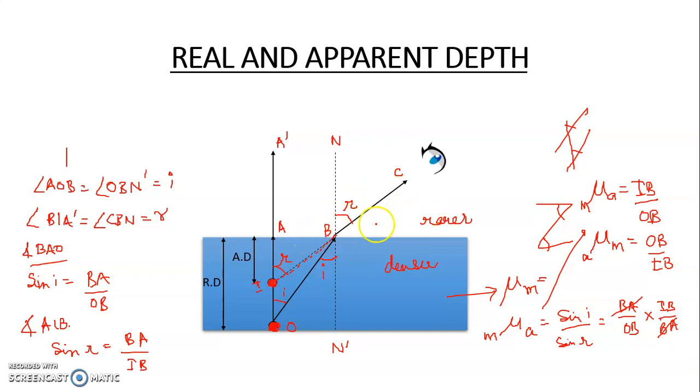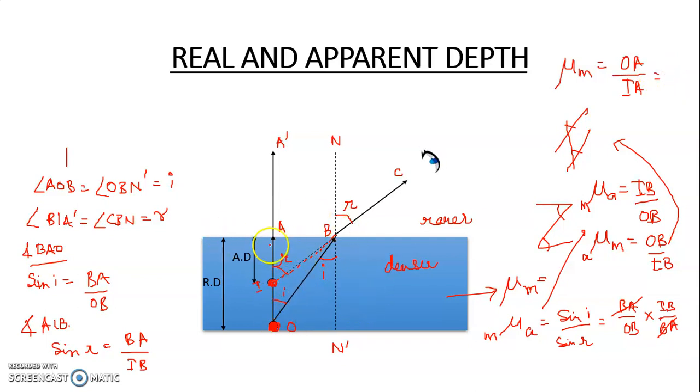Sorry, just hold on for a second. So if I write it, the refractive index of the medium is OA for OB and IA for IB. Now what is OA?